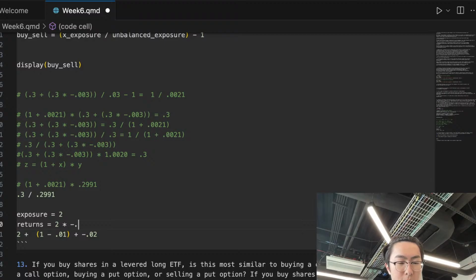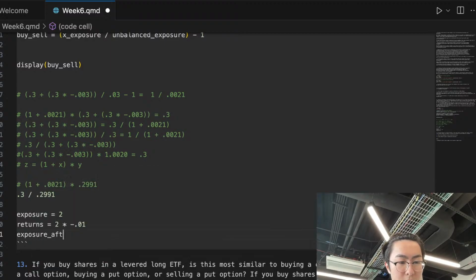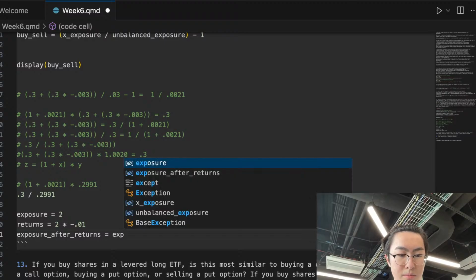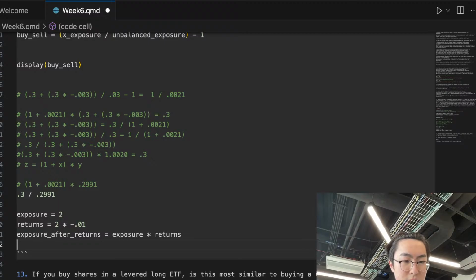We have a negative 1% decline, so that'll be a negative 2% decline, right? And then we have the total, I guess, exposure after returns. Exposure after returns is equal to exposure times returns, right? And then now let's print out this exposure after returns.